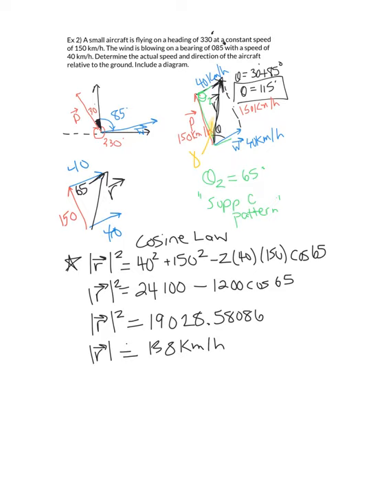Since I know all three sides in this triangle and one of the angles, I can use the sine law. So I'll do that in yellow down here. So I have sine of gamma over its opposite length, so 40, is equal to sine of my theta 2, which was 65, over its opposite length, which was the resultant that I just solved for.